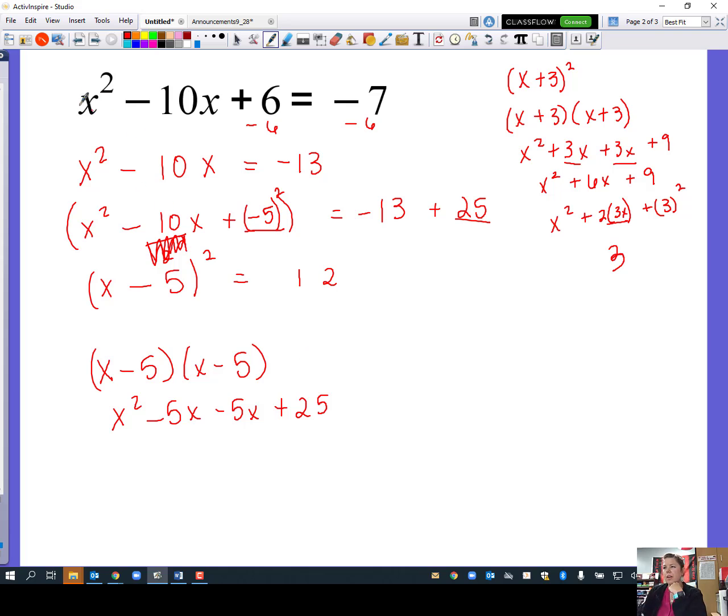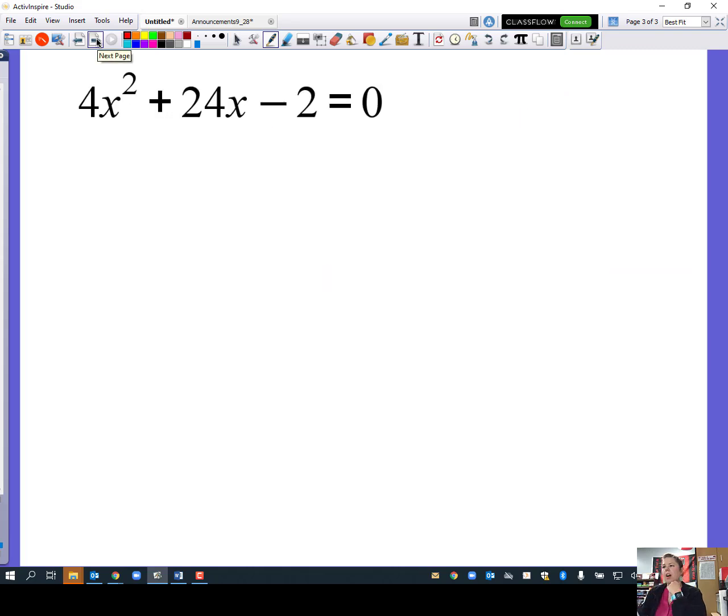So let's do another one where there's a number in front of my x squared term. We start the same way: we get the x's on one side and the numbers on the other. So here I have 4x squared plus 24x equals negative 2, so add 2, now it's positive.